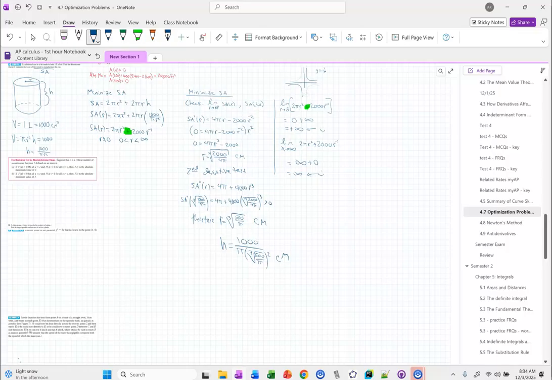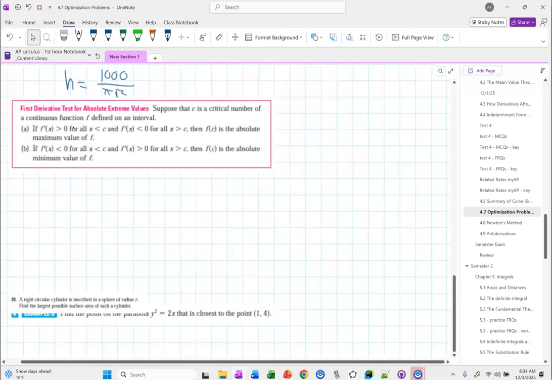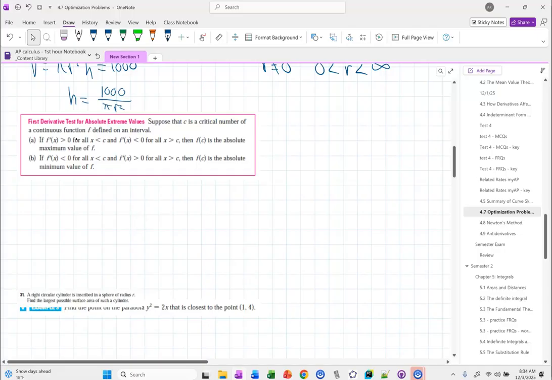What was the most obnoxious part? Having to do these limits at the endpoints to check, right? That stinks. So this little theorem or method will allow us to eliminate having to do those limits. It's just a workaround for having to do those limits.